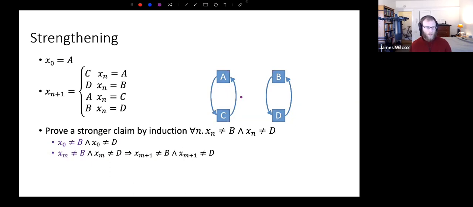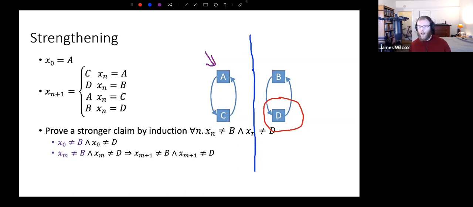The way I like to think about this is we have our initial state here, A, and then we have some bad state. Maybe I'll circle it in red. We're trying to show that even when we start execution here, no matter how many steps we take, we never reach this bad state. What this form of induction really is, is finding a cut in the graph.